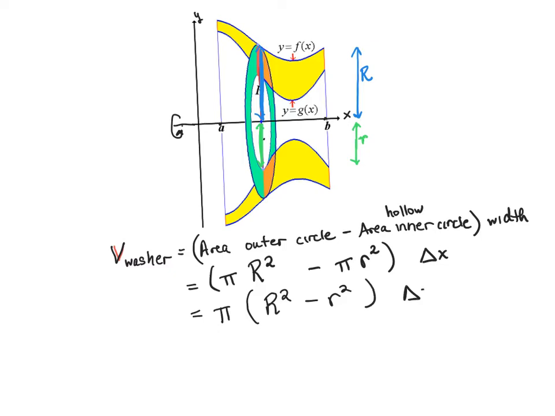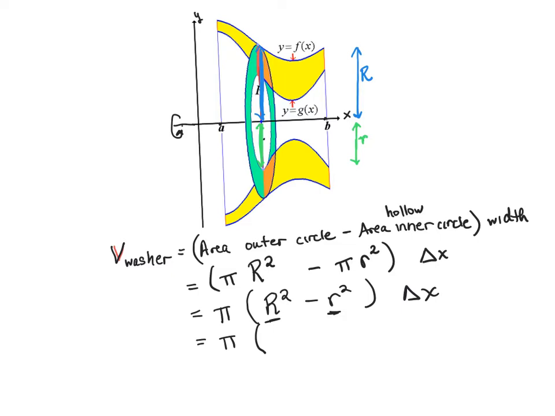The delta x doesn't bother us, so let's see what these are in terms of our functions. Capital R, notice that the radii are always drawn toward the axis of revolution. So the axis of revolution always goes through the middle of the solid, whatever it appears. So it's all relative to the axis of revolution.